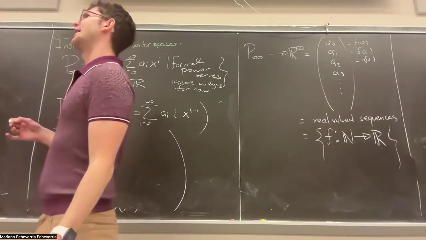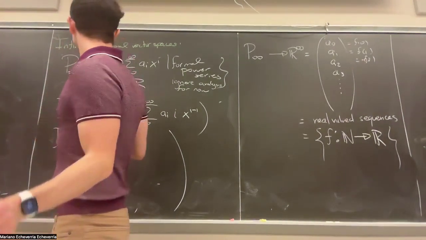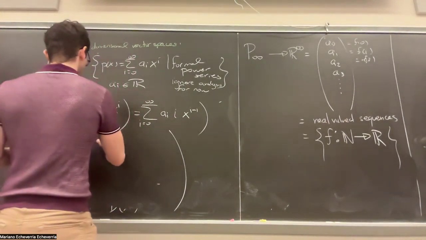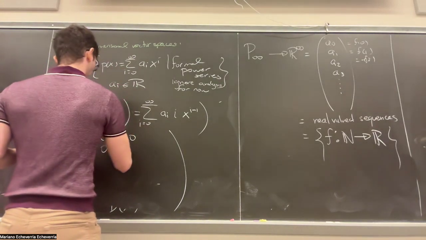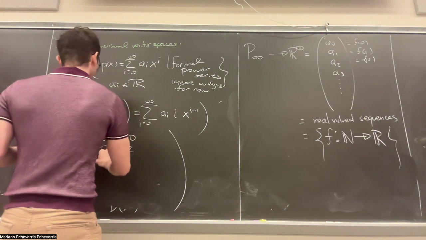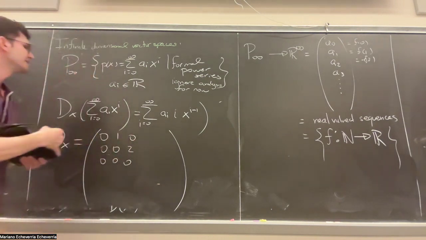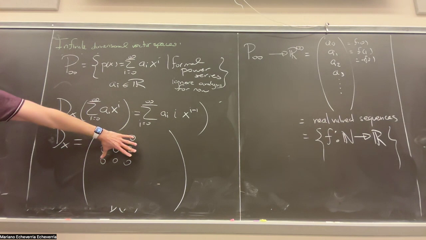Here you have to be a bit more careful, but I'm writing how the derivative matrix looked for polynomials of degree less than or equal to 2.